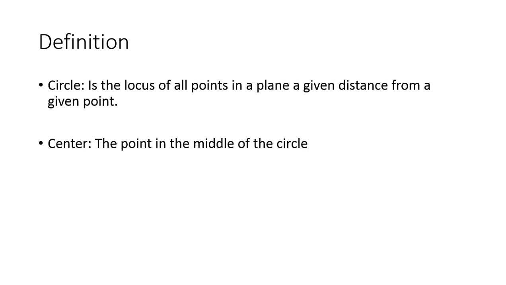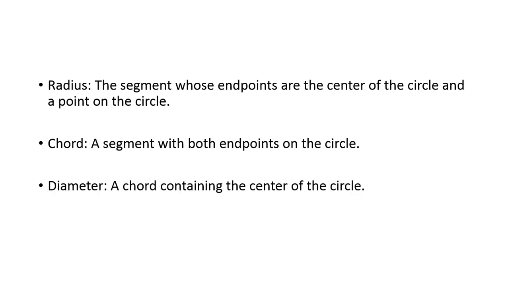So the center is the point that's in the middle of a circle, usually denoted as C for center. The radius is the segment whose endpoints are the center of the circle and somewhere on the circle.